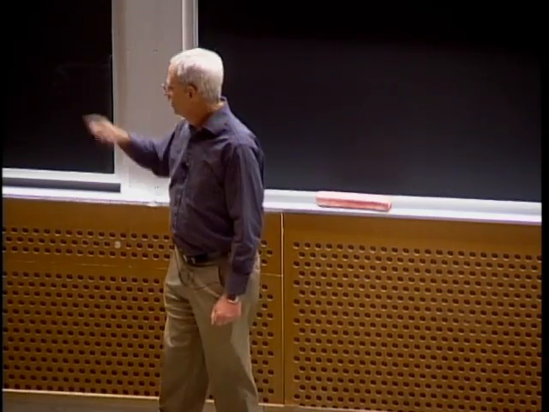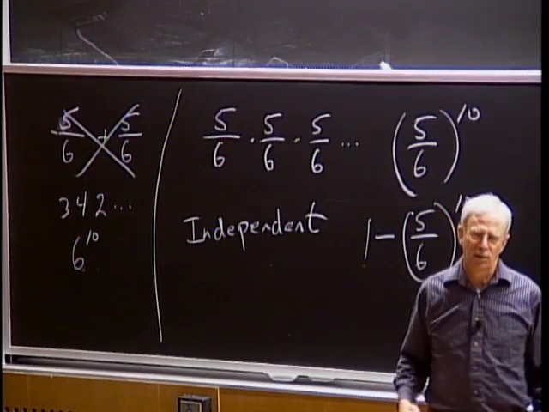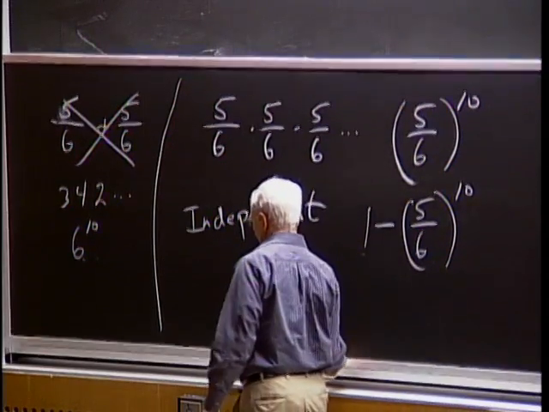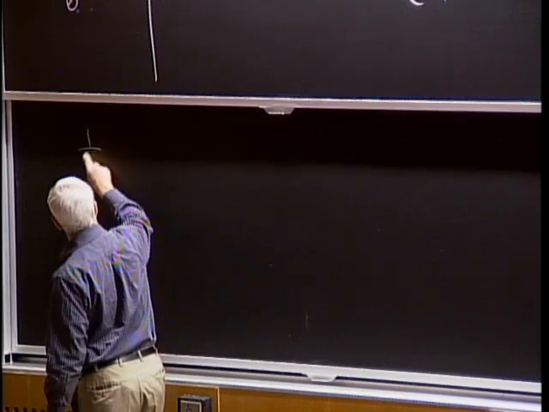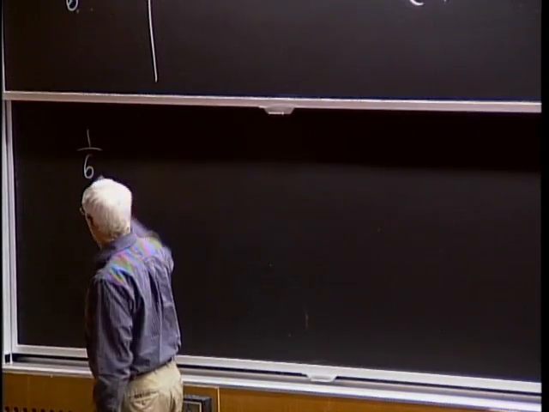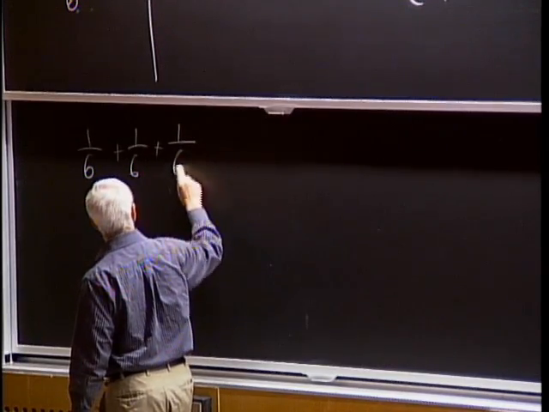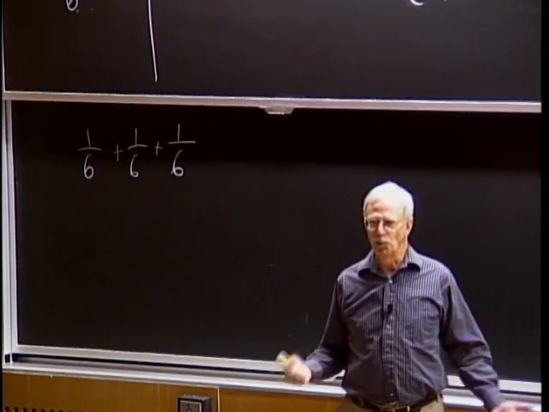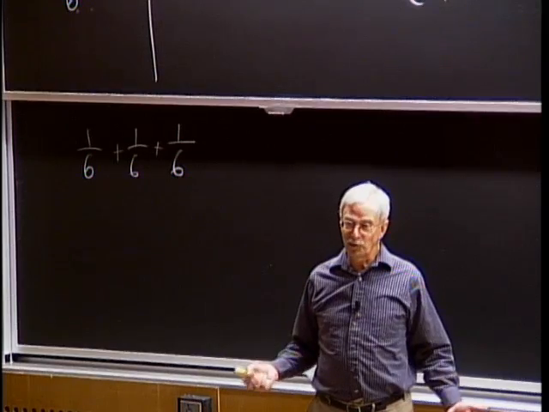Okay, again, heading down a wrong track for this, one might have said, well, all right, the probability of getting a 1 on the first roll is 1 over 6. The probability of getting a 1 on the second roll is 1 over 6. The probability of getting a 1 on the third roll is 1 over 6. I'll just add them up, and that will give me the probability of getting at least 1 1. How can I be sure that's wrong?